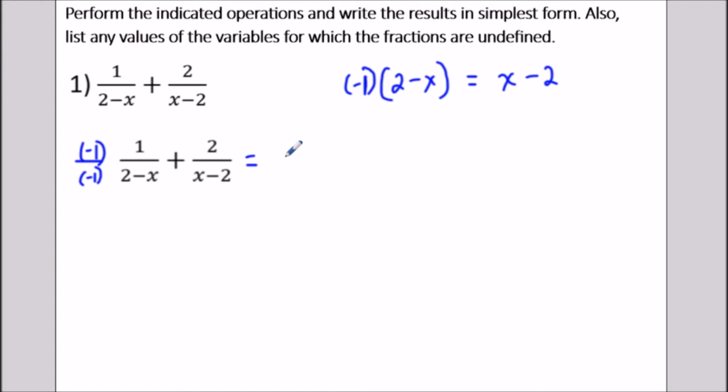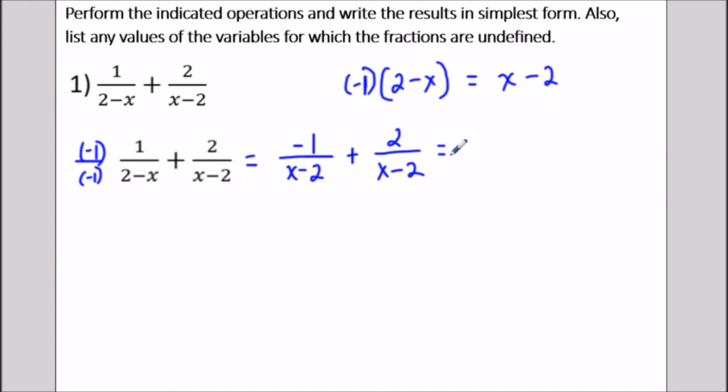When we work this out, for the first fraction, negative 1 times 1 is negative 1, and for the bottom, make sure you distribute, or just remember what we said before: negative 1 times 2 minus x is equal to x minus 2. And the rest of this, we've got plus 2 over x minus 2.